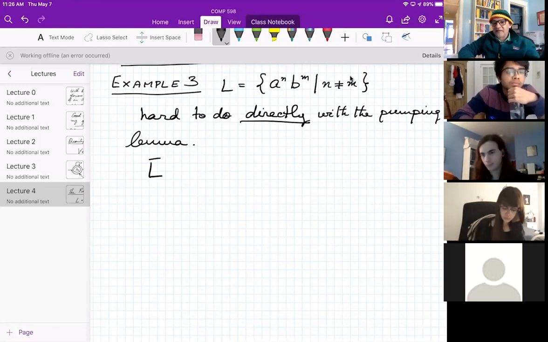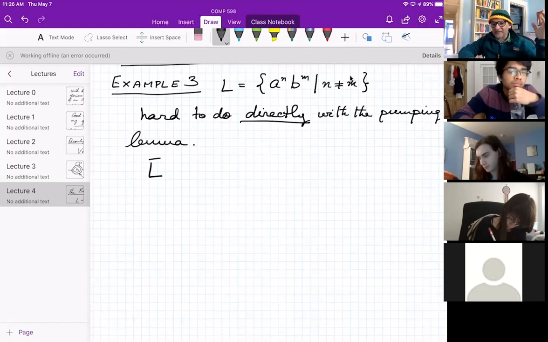If L1 is regular and L2 is regular, then L1 intersection L2 is regular. If L is regular, then L complement is also regular, right? We proved all these things: union, intersection, complement, concatenation, and Kleene star all preserve regularity.